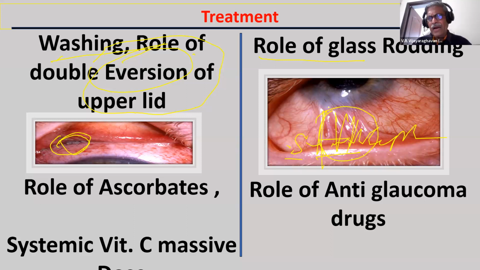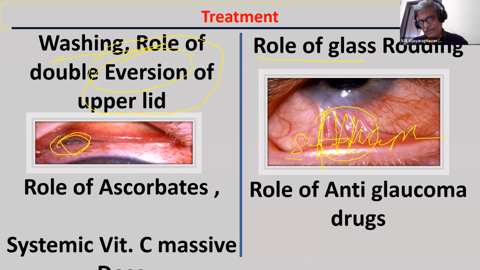You can even apply antibiotic ointments, which can of course prevent secondary infections also. That's why first washing, next examine the person, next double eversion, and remove the chemicals if they are in the fornix. Number 3 is glass rodding. What for? To prevent late complications like symblepharon adhesions.